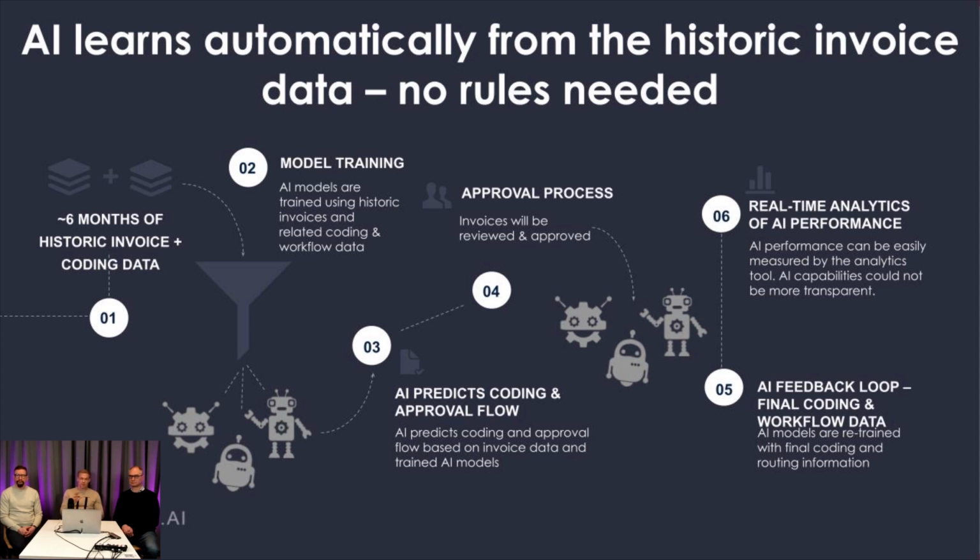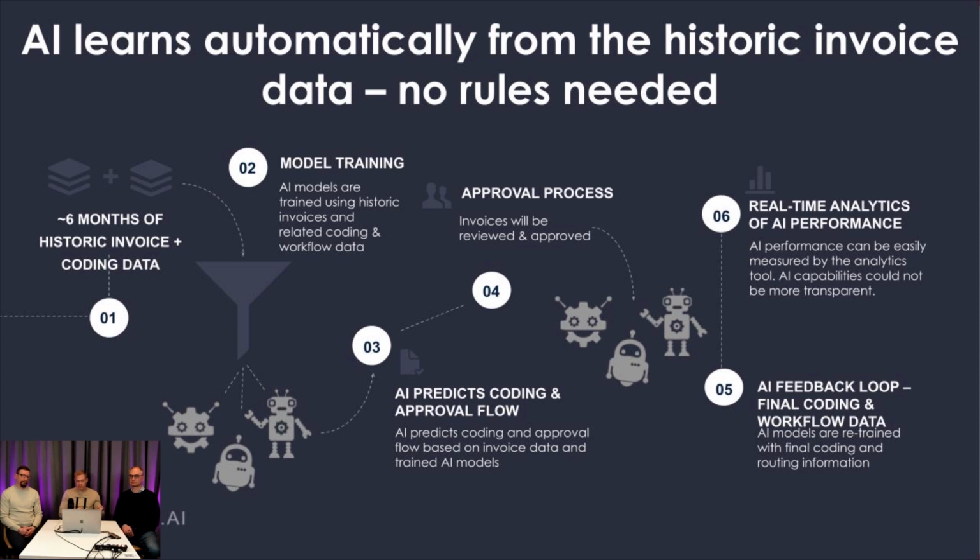All the reference numbers, addresses, everything it will go through, scan and memorize. And then it will go through the coding data. Which GL account was selected for this specific invoice? Which cost center was selected? Which tax code, and so on. We'll go through all that data. And then it will go through the approval flow.